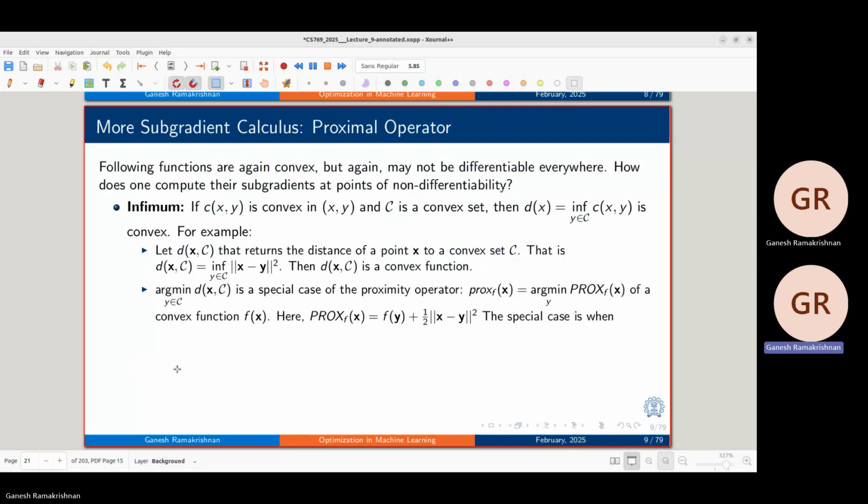So c(x,y) is the 2-norm of x minus y, a function of two variables x and y. If c(x,y) happens to be convex in x and y, then d can be shown to be a convex function.